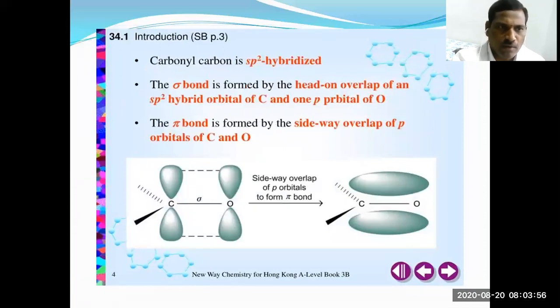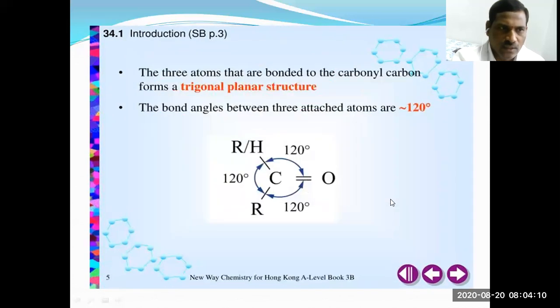So in carbonyl compounds, the carbonyl carbon is sp2 hybridized. Between carbon and oxygen, a sigma bond and a pi bond are present. The carbonyl group has a trigonal planar structure with a bond angle of 120 degrees.